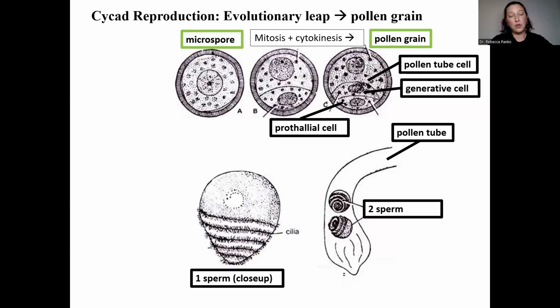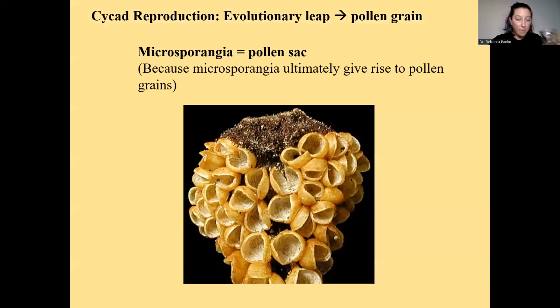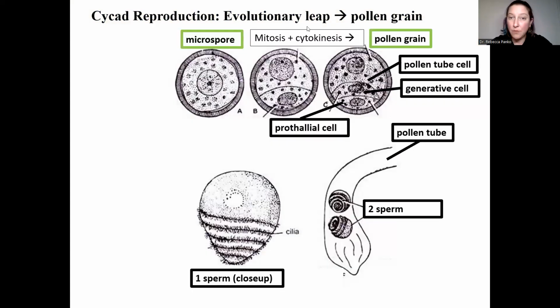Here's what the sperm look like close up. You can see all of that cilia, which is kind of like little flappy things that help it swim. And so when I was going through this here, I said that, remember, eventually this whole thing, right? So this is the pollen grain. All of these components: pollen tube cell, generative cell, prothalial cell.